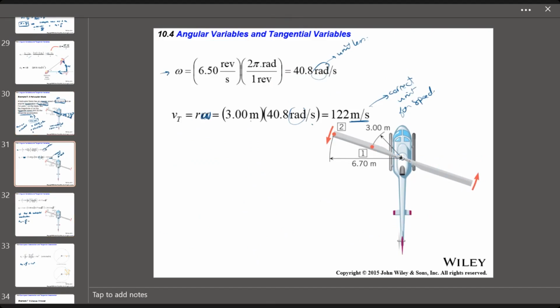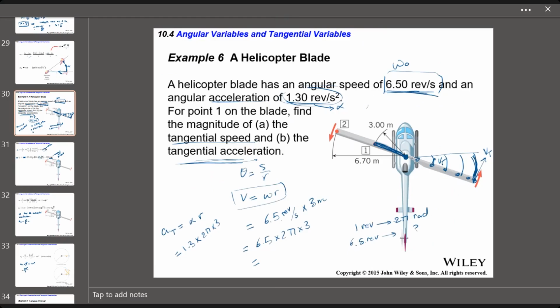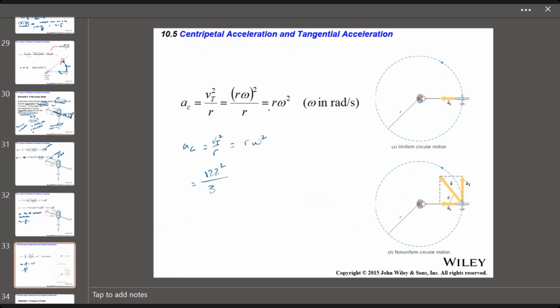Okay, I can either use r omega, or I already found it here. It is 122 meters per second. So I'll just use 122 squared over 3. That's it. Now, if I didn't calculate tangential speed before, and I was just asked from the first part to find AC, then it's a good idea to use the second form of my equation, which is r omega squared, because I have omega given.